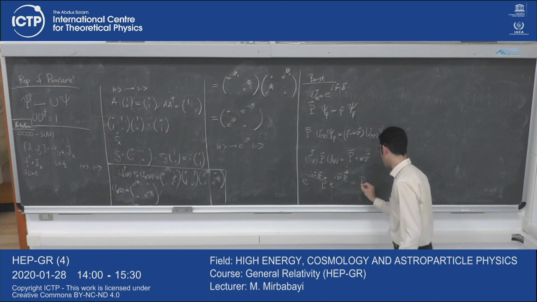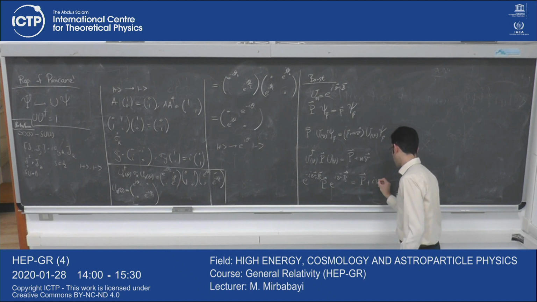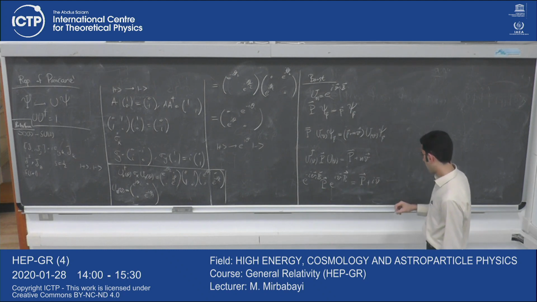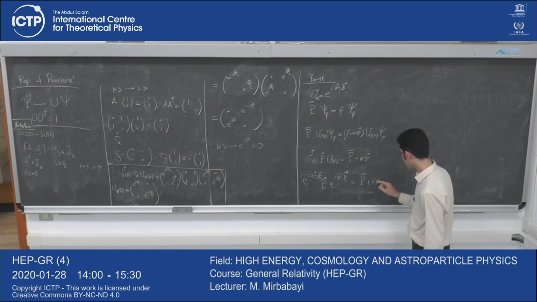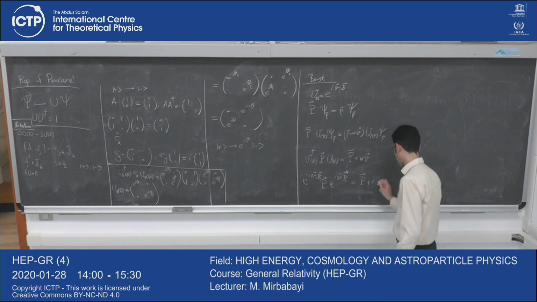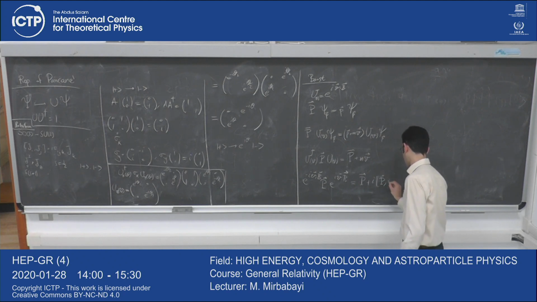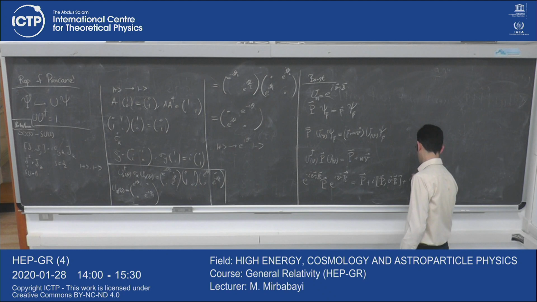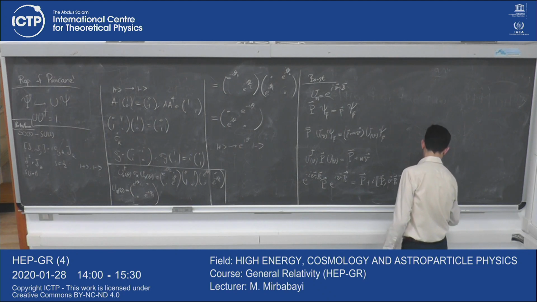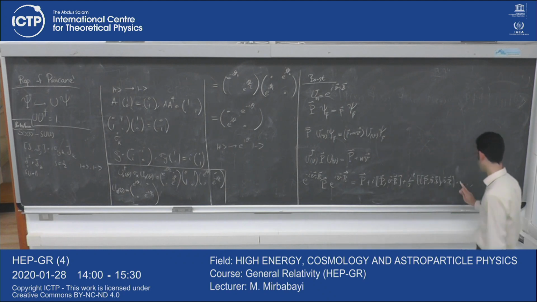What we get is P plus i times the commutator of P and v dot B, plus i squared over 2 times the commutator of the commutator of P and v dot B with v dot B, and so on.